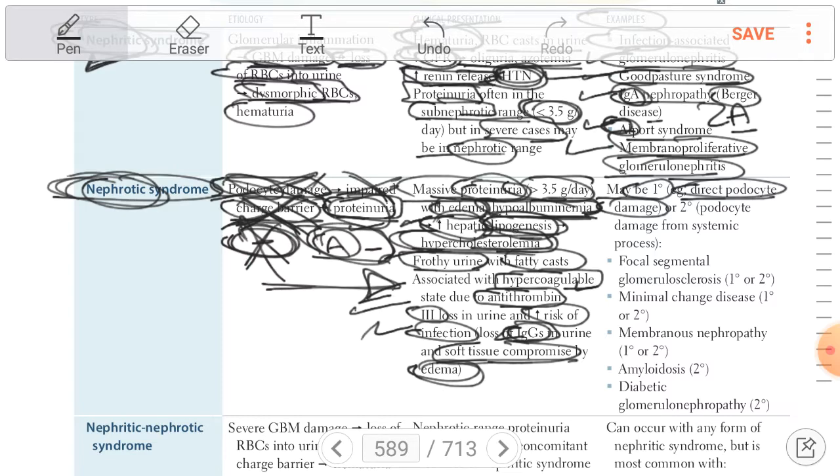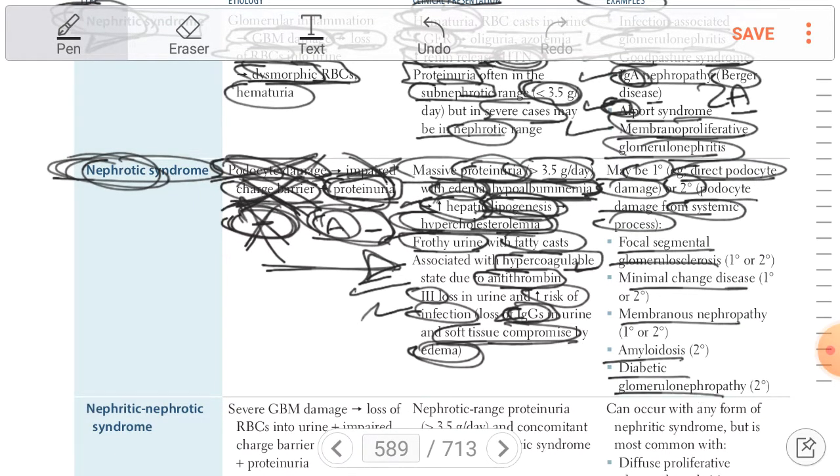So examples for it may be primary direct podocyte damage leading to loss of the negative charge barrier, or secondary podocyte damage due to a systemic process. Like what we have here: focal segmental glomerulosclerosis, minimal change disease, membranous nephropathy, amyloidosis, and diabetic glomerulonephropathy. So examples for nephrotic syndrome: we have what?